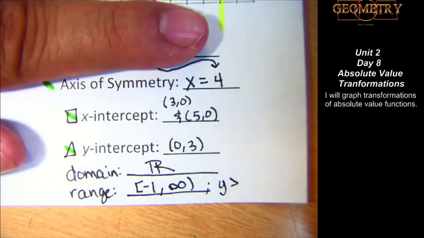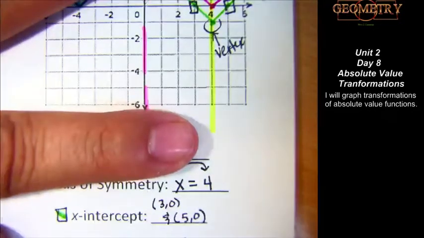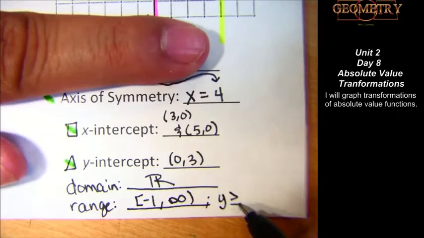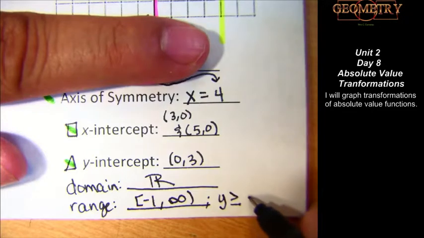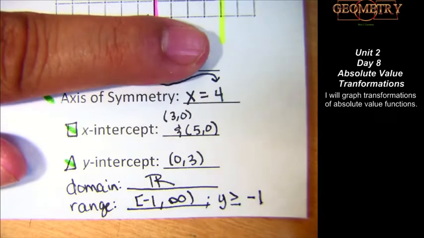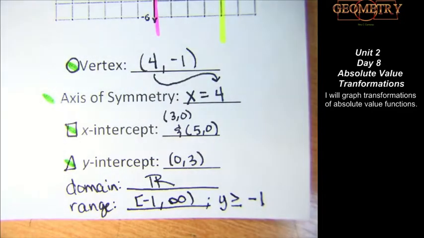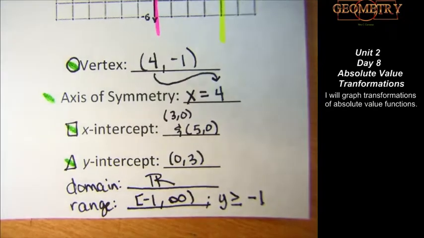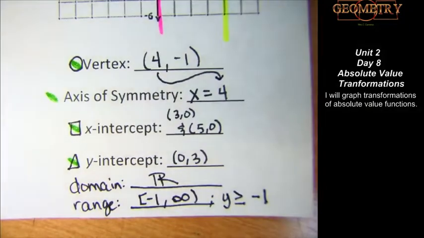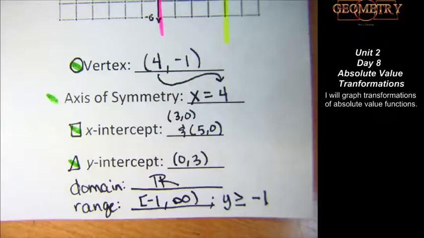Because the vertex is a filled-in, solid point, I'm going to make it or equal to. And then I'm going to select that lowest y coordinate, which is the y coordinate of your minimum. Your minimum is your vertex. So this really is just the y coordinate of your vertex. This is how you would write it as an inequality.